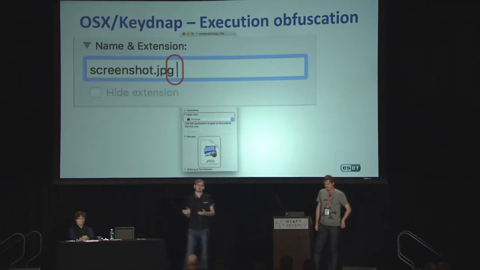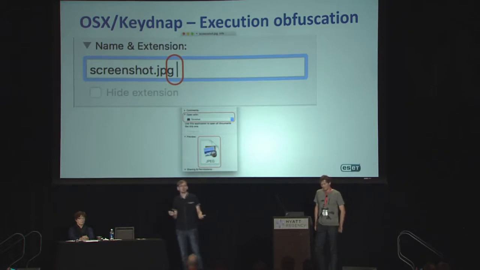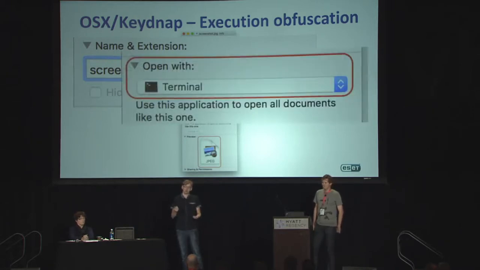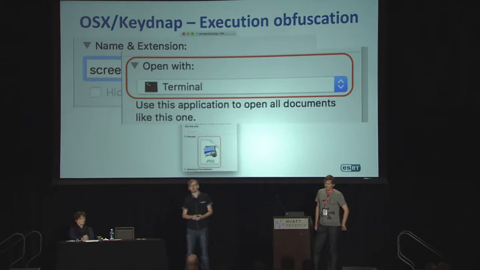That means it's an unknown extension, and we are in OS X, and if the extension is unknown and it's executable, the terminal will open the file. When the terminal opens the file, it finds out it's binary and executes it. Then it deletes itself after it downloads the backdoor, of course, and exchanges the downloader with a JPEG.